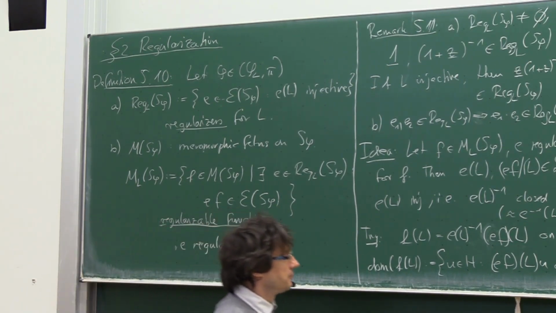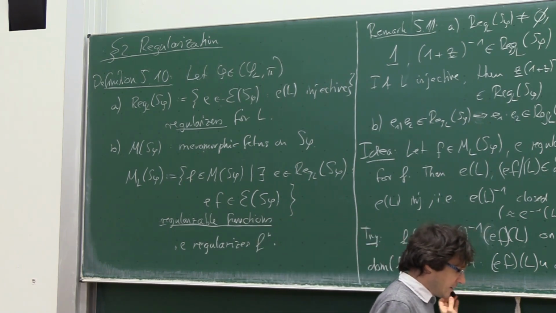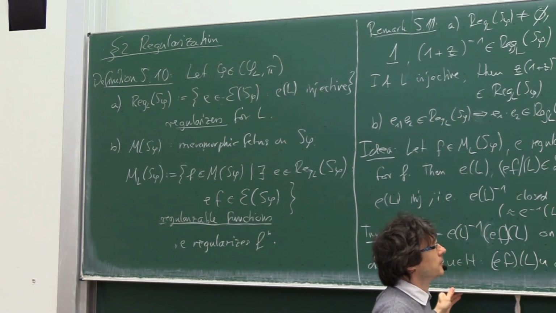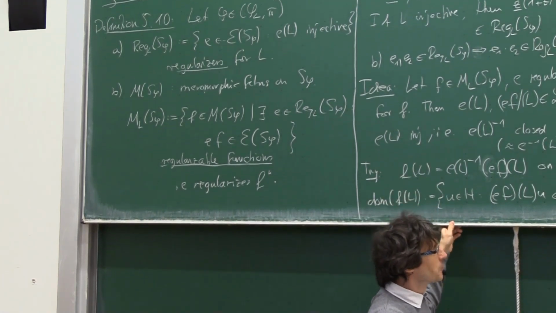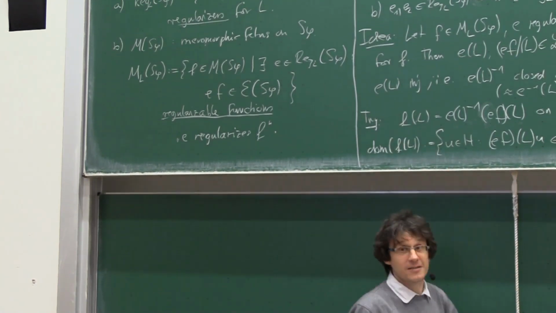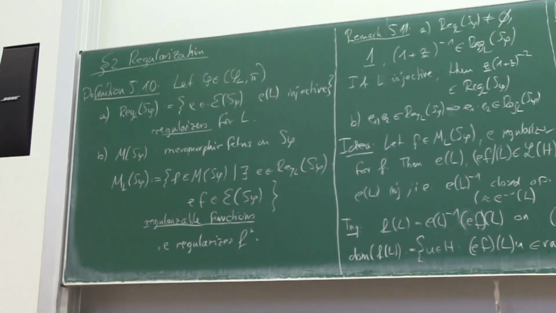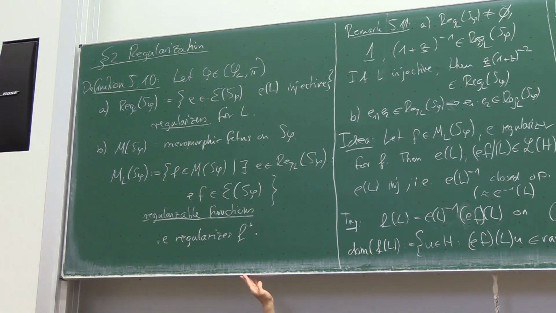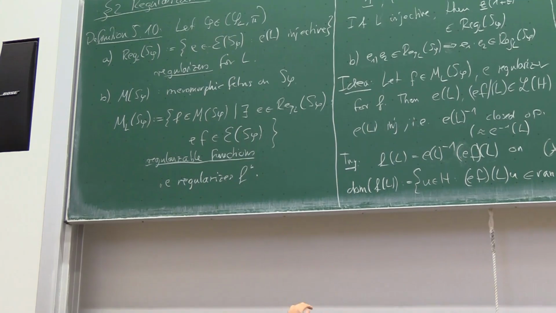But we will address this in a while. So we will see it's worth doing it. The class is much bigger, and otherwise we wouldn't do it. But for the moment, it's not that clear.